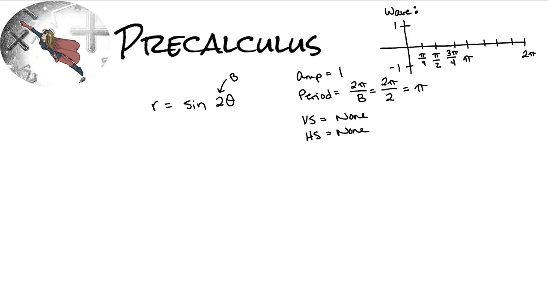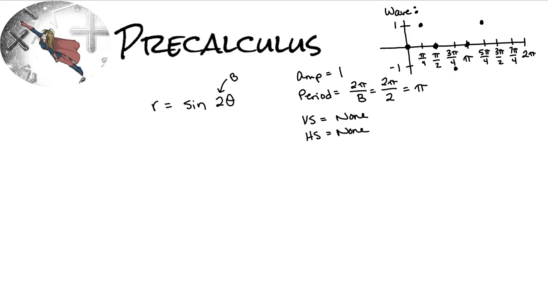So if I label this, it's going to be 5 pi over 4 right here. This one is 3 pi over 2. And this one is 7 pi over 4. And we're graphing sine, which means it starts in the middle, and then it goes up first, back to the middle, then down, middle, and then it just repeats itself.